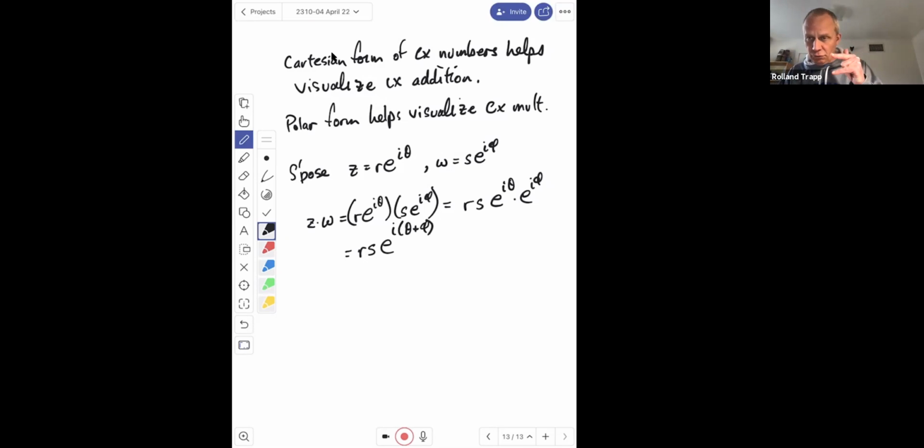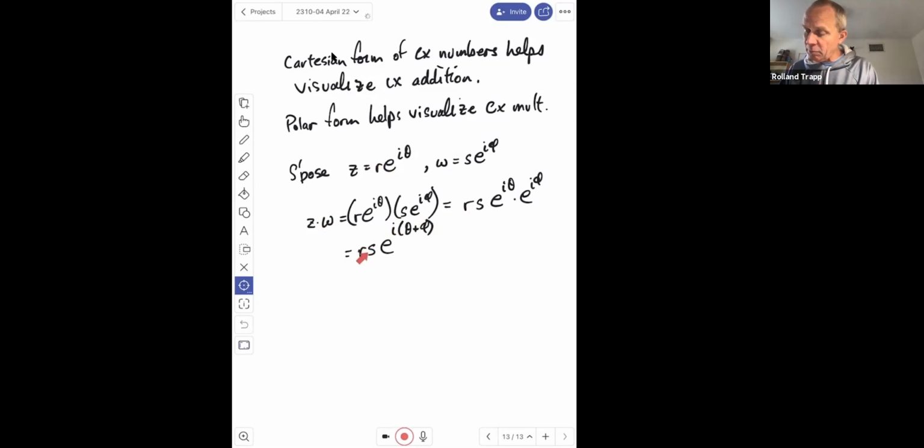Now this is huge because it tells you what multiplying does geometrically. Notice that the length of the product is just r times s, right? In the polar form, the coefficient of e is the length.